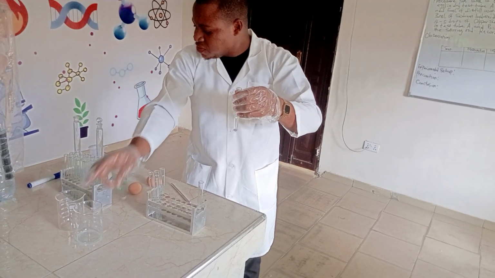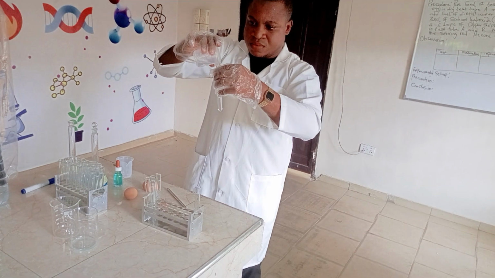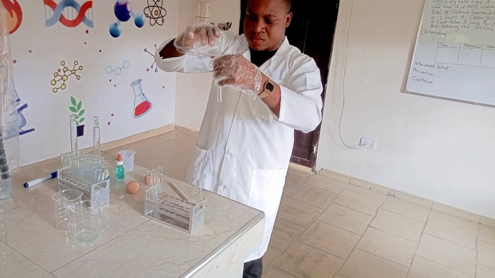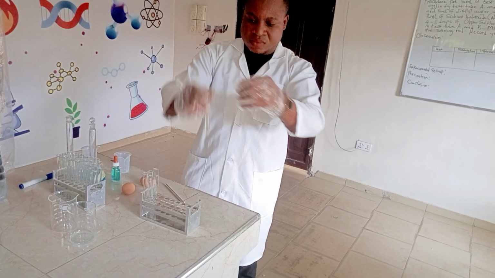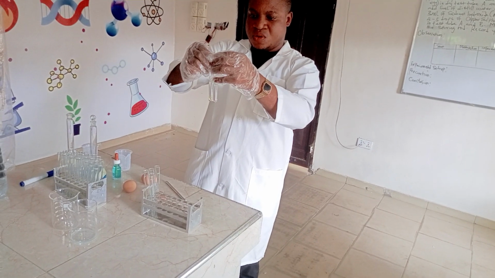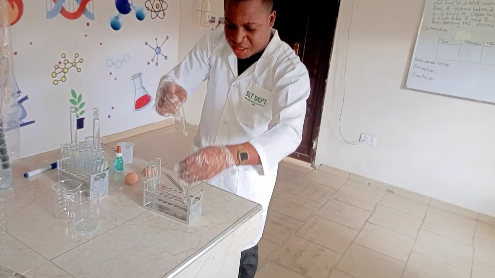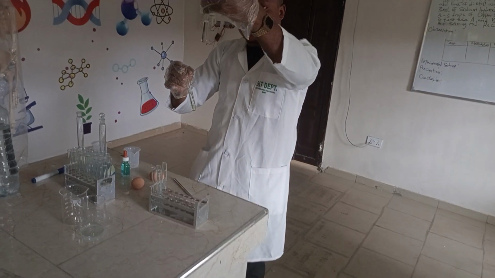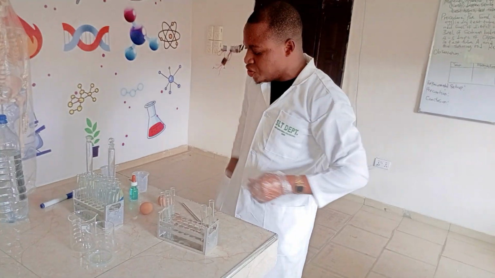Okay, the volumes are equal. This is test tube A, this is test tube B. Test tube B is our control, while test tube A is the test solution.